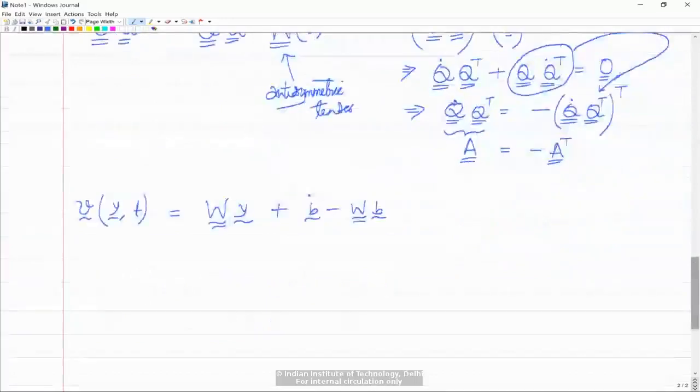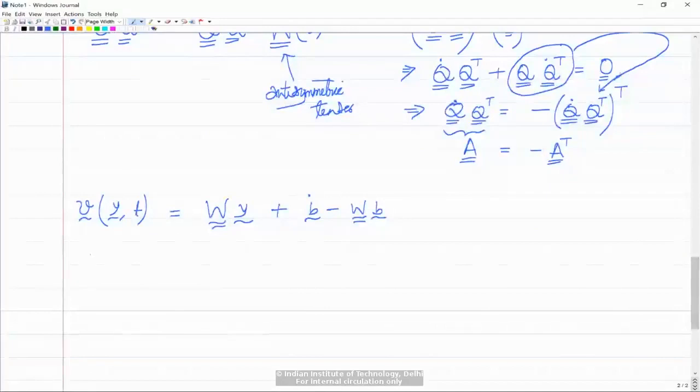Okay, and from here, when you find out the Eulerian gradient of velocity, then what do you get?